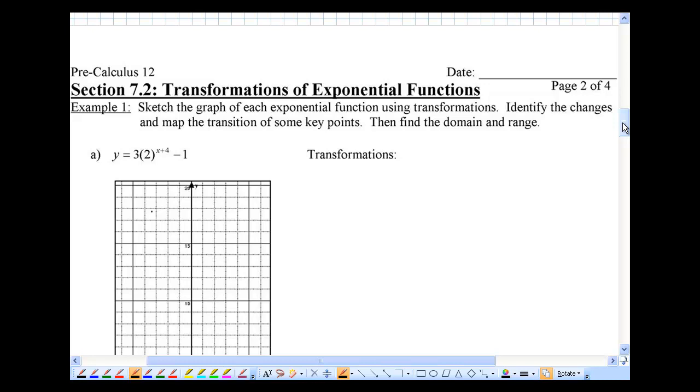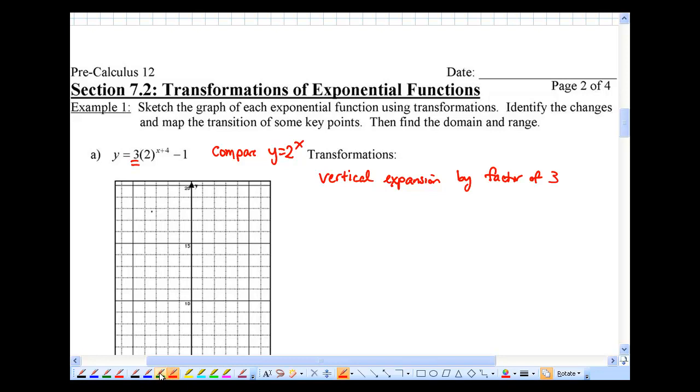We're going to compare it to our original y equals 2 to the power x graph. That 3 value, like I said earlier, just means it's a vertical expansion by a factor of 3. When you expand that, your y values stretch by a factor of 3.